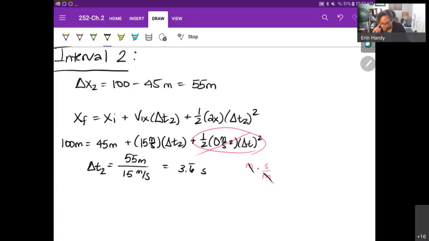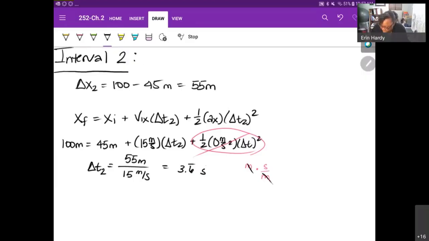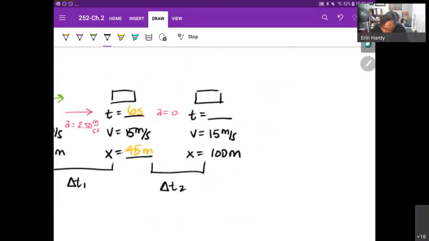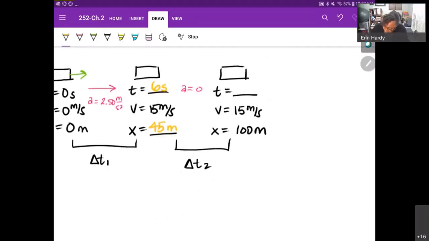I realize I lost track of that. So now we can fill in this last time right here. I need to add that 3.6 repeating to 6 seconds. So this would be 9.6 repeating seconds.